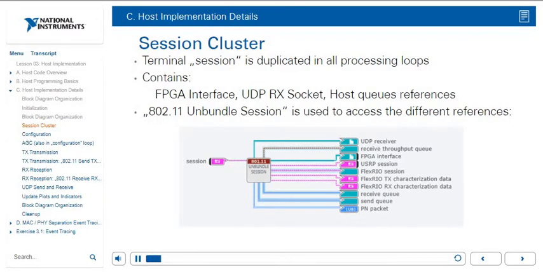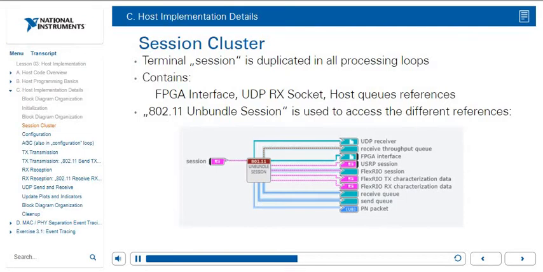First, let's look at the session cluster. The terminal session is duplicated in all of the processing loops. This is one of those duplicate terminals we discussed previously. The session cluster contains the reference to the FPGA interface, the reference to the UDP RX socket, and host queue references.